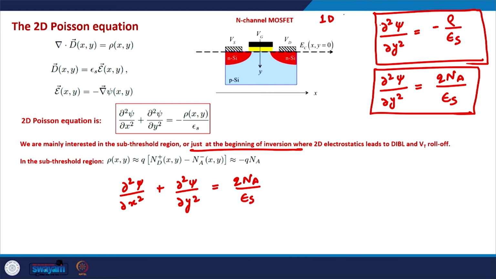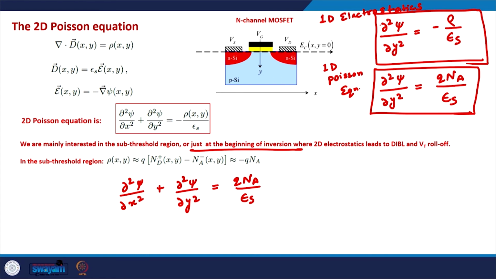So, this is the 1D electrostatics or 1D Poisson equation. And this is the 2D Poisson equation. Now, as you can see, the right hand side is the same in both cases, there is a change in the left hand side.